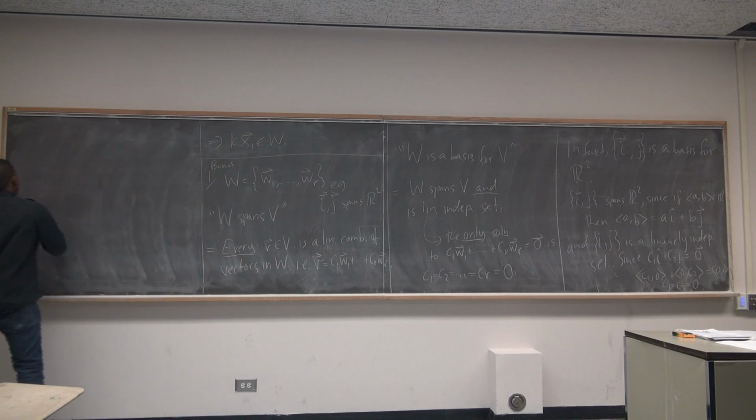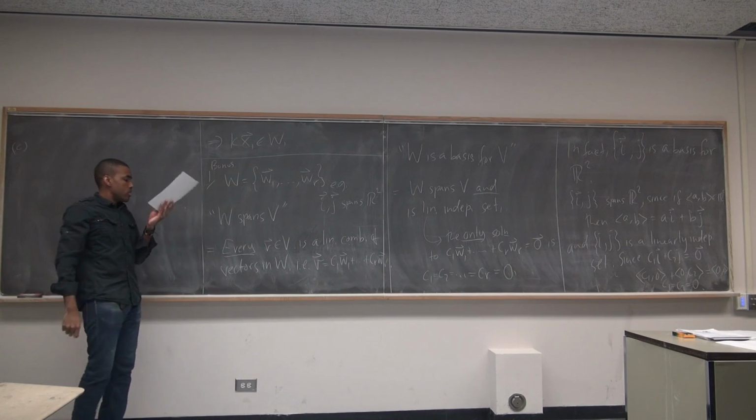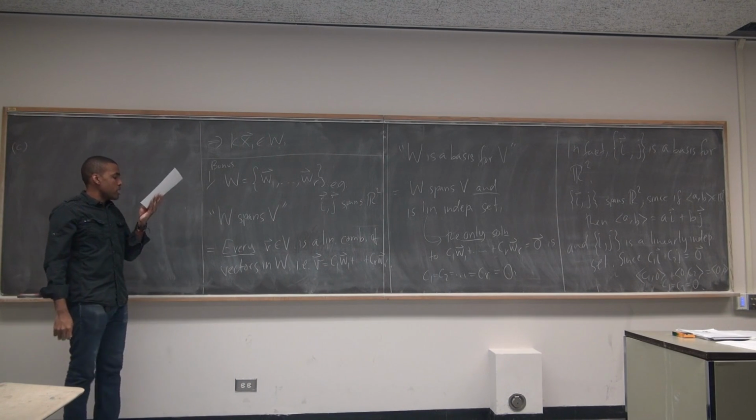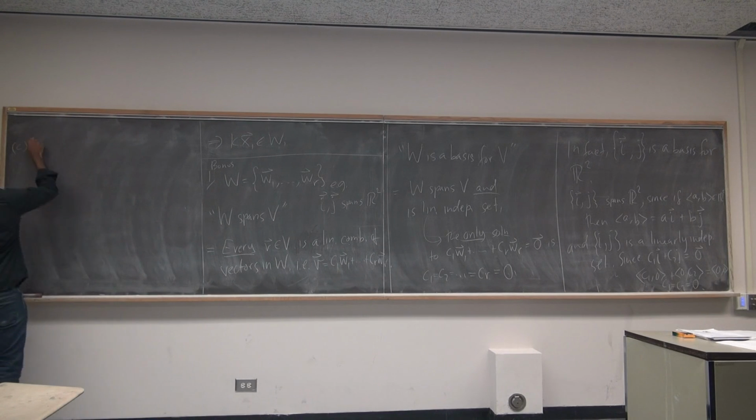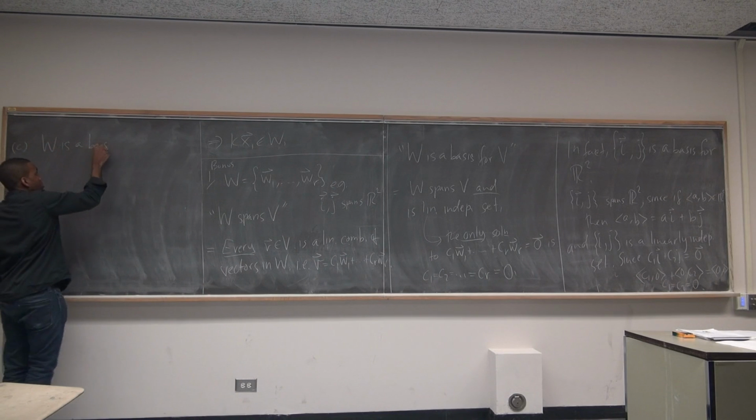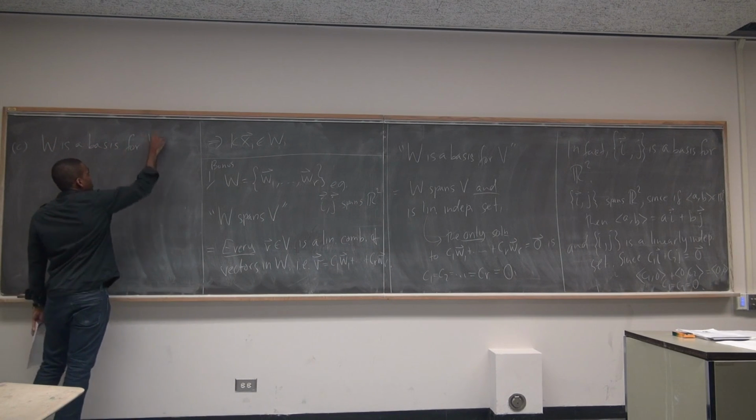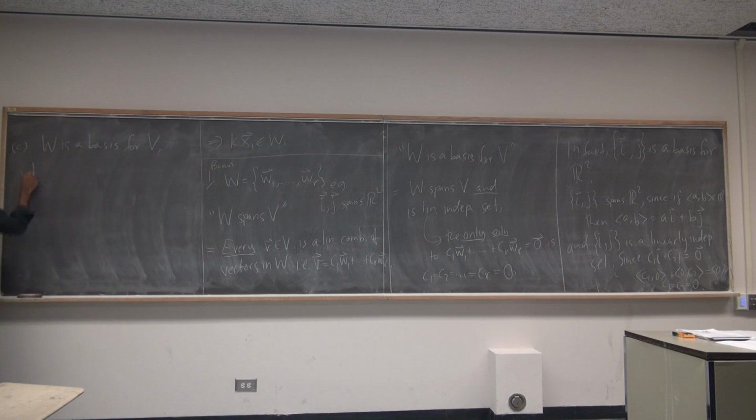What about dimension? It's the number of basis vectors. So exactly. In part C of the bonus, I asked you, if I know that W is a basis for V, what is the dimension of V?